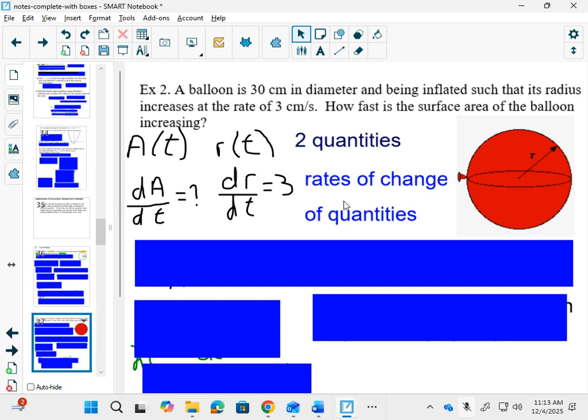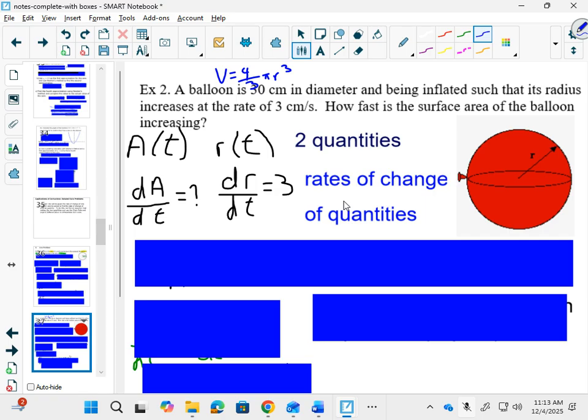What's going to be the hard part for you in this unit? Formulas. Do you remember your volume formula and surface area formula of a sphere? You know volume? Okay. So what was the volume? 4/3 pi r cubed. Nice.